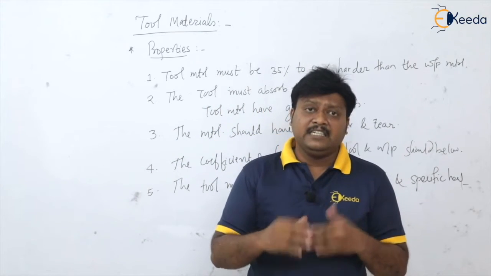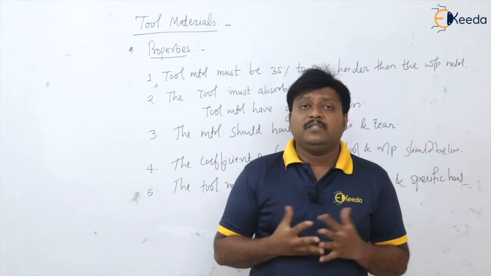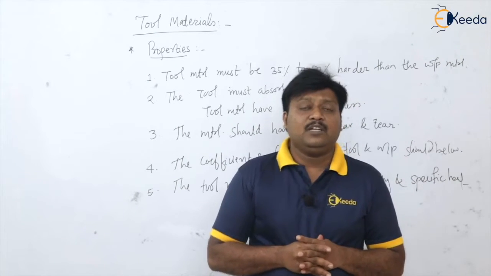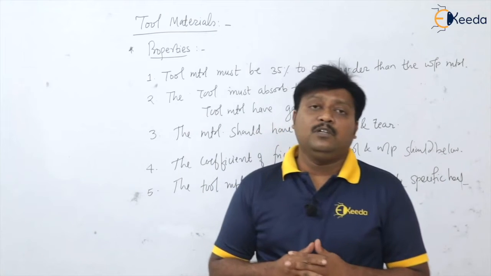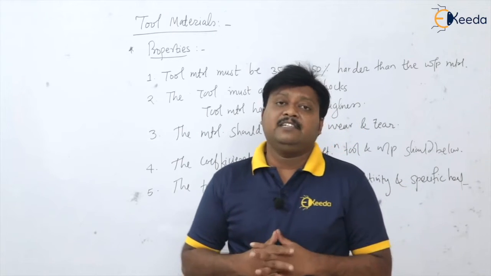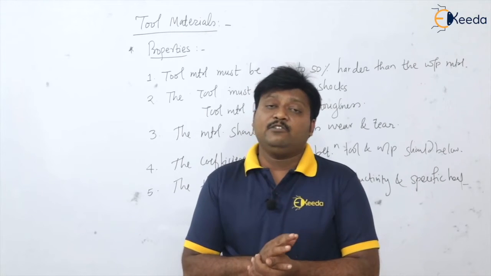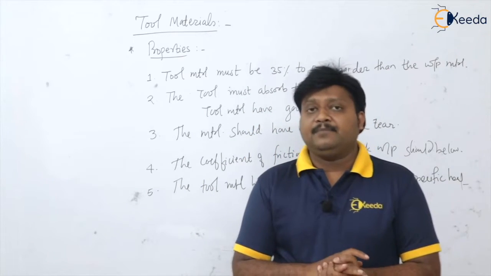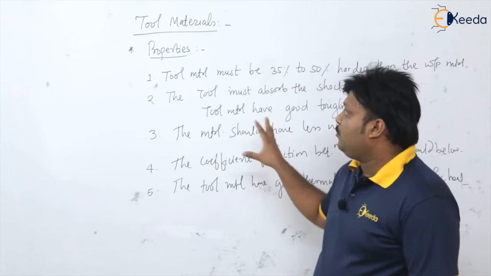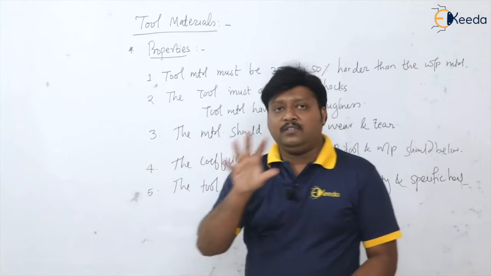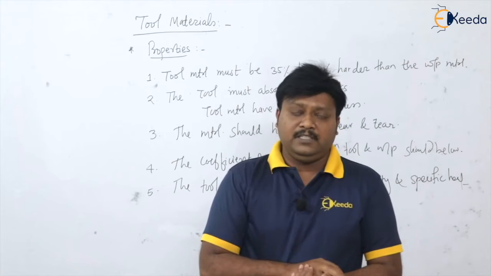Otherwise, if the heat is generated within the tool, because of the higher heat generation, fast wear and tear of the tool will take place. So that is the reason why the specific heat and thermal conductivity of the material should be high. So these are some important properties that the tool material should have, isn't it?